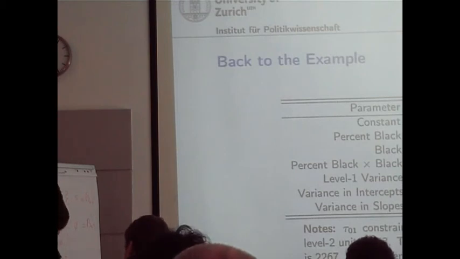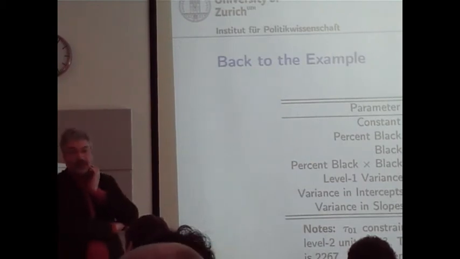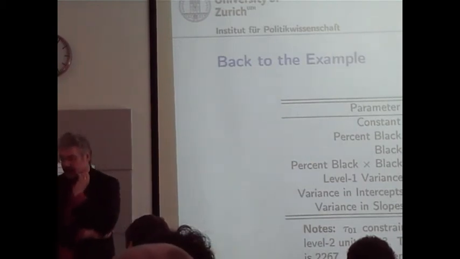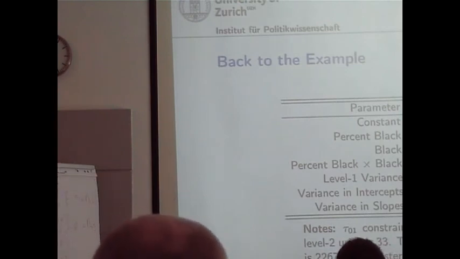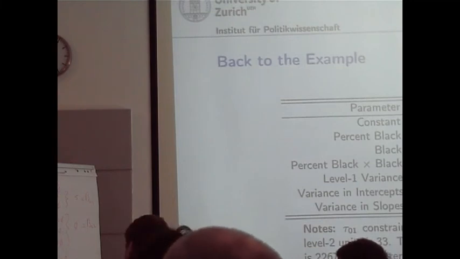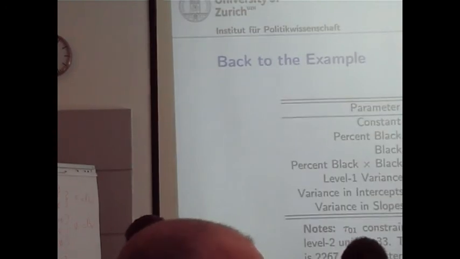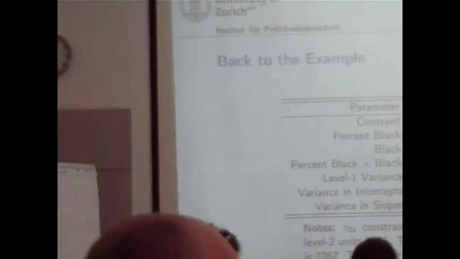I think that's more than anything the reason why people say, well, only if it's theoretically justified. From a statistical perspective, there's a good argument to include it. From a practical perspective, I would think twice about doing it, because it gets really messy. And also, if you have a limited number of level 2 observations, you risk having an unidentified equation.